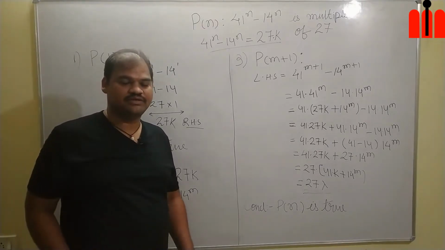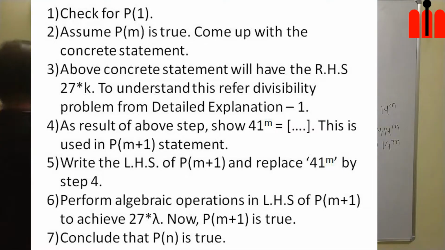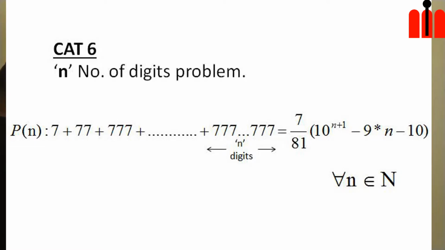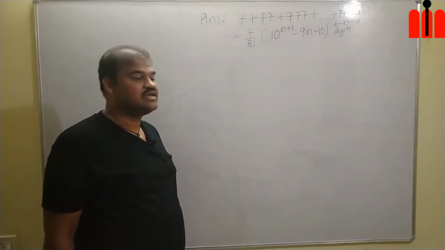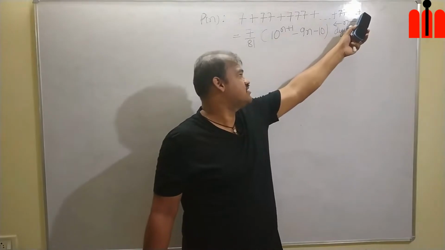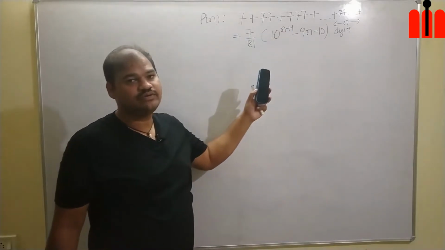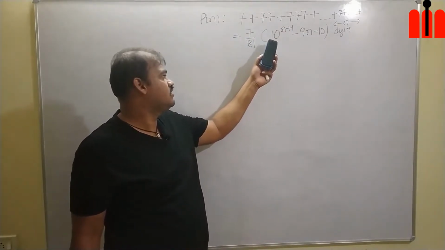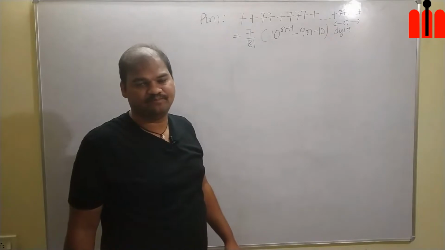Right. Now we will move on to category 6. I will rub out this. Now my problem is Pn: 7 plus 77 plus 777 up to 777 repeated n digits is equal to 7 by 81 bracket 10 to the power of n plus 1 minus 9n minus 10.